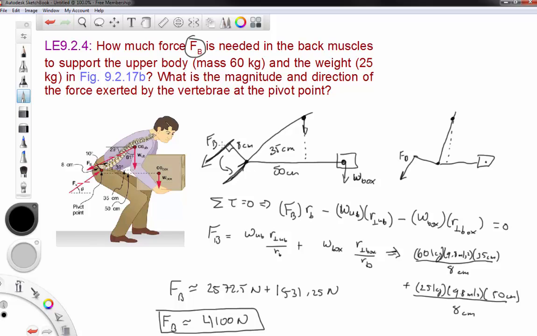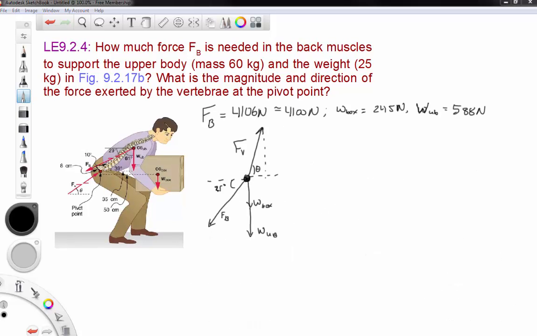And this force cannot be perpendicular to the back muscle because it needs to balance out these other two forces. To solve for the force of the vertebrae, both magnitude and direction, we use the other condition for equilibrium, which was Newton's first law. And so that's basically that the sum of forces must be zero.